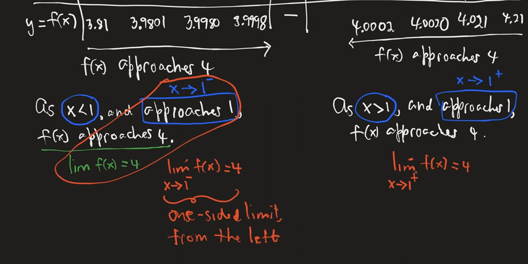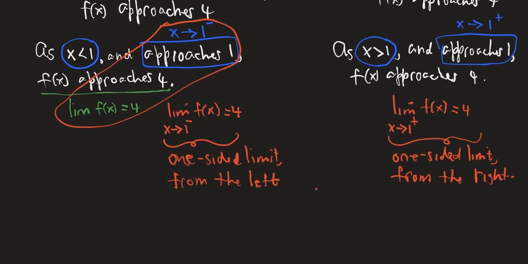Over here, the only difference is we're now on the right side, because we're just slightly bigger than 1. On the number line, slightly bigger than 1 means you're to the right of 1. So this is another one-sided limit, but specifically from the right.